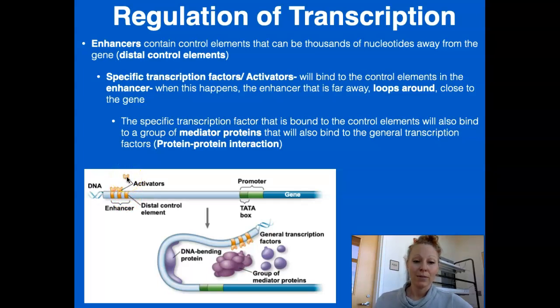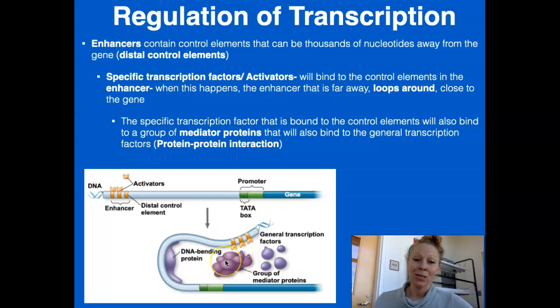When these activators bind onto the distal control elements, it's going to take this segment of DNA that is far away from the operon and loop it around. If you can see here, here's the operon. Here is the enhancer region, and you can see that it's looping around and going to attach onto a group of mediator proteins.